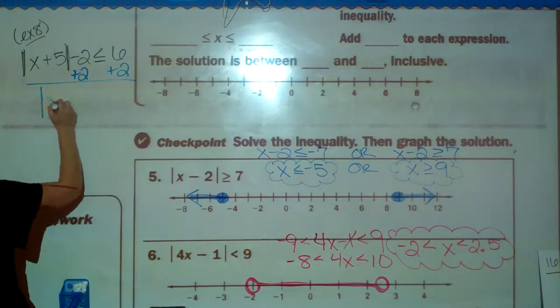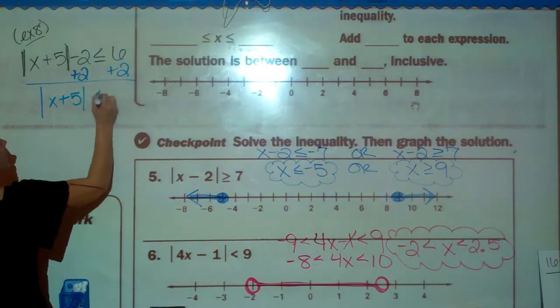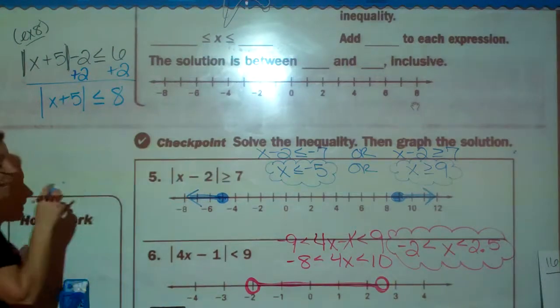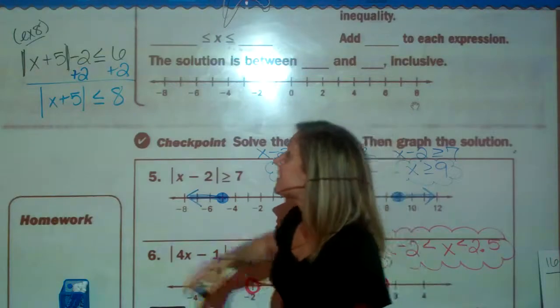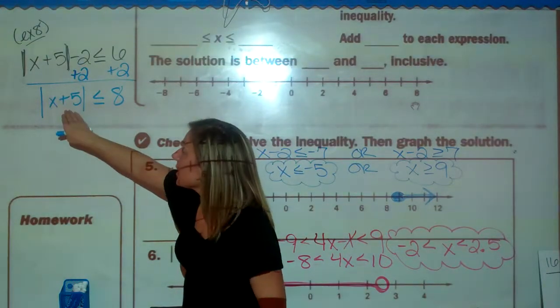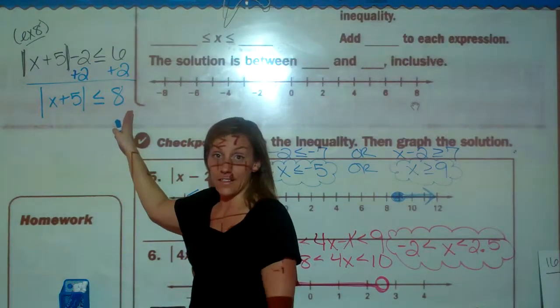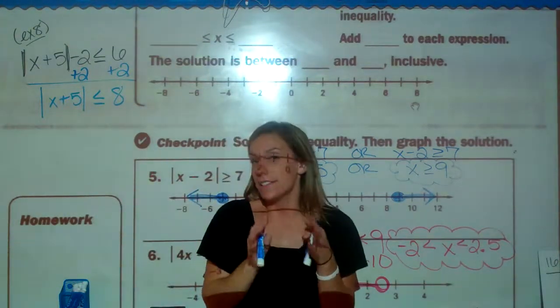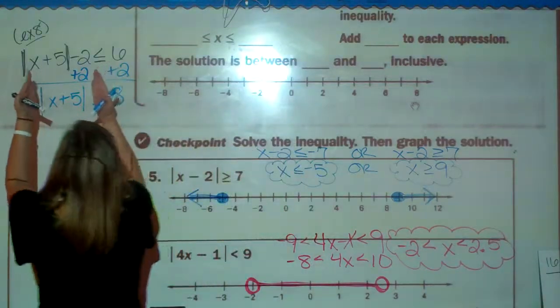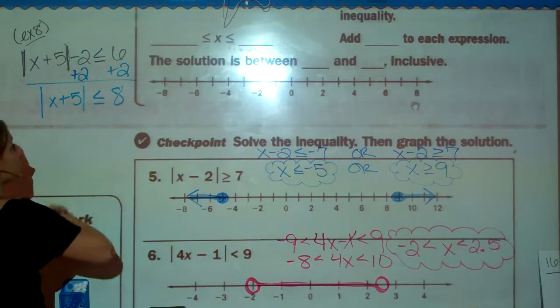You'll get the absolute value of x plus 5 is less than or equal to, it's now become an 8. Well, that's actually what you want to use because now whatever's in here needs to come out as an 8. So whatever's in here can either be negative 8 or positive 8, but you can't set it up until you just have your bars.